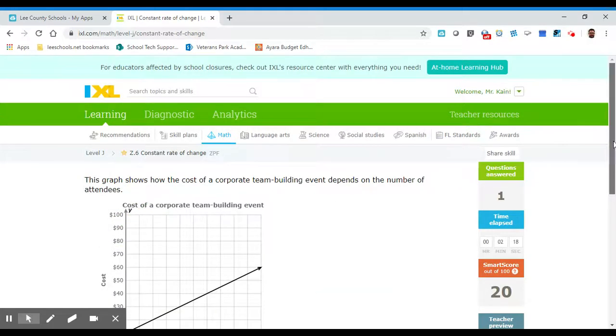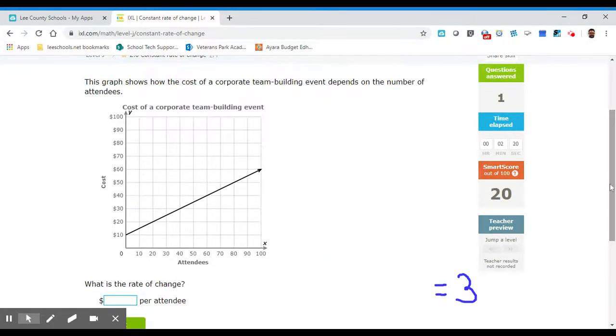All right, so constant rate of change. Again, let's go ahead and pick a point on the graph. Right here on the y-axis intercept, there's a point right there. And the next point right there. So what is the rise? Now, it's in groups of 10. So the rise is 10.